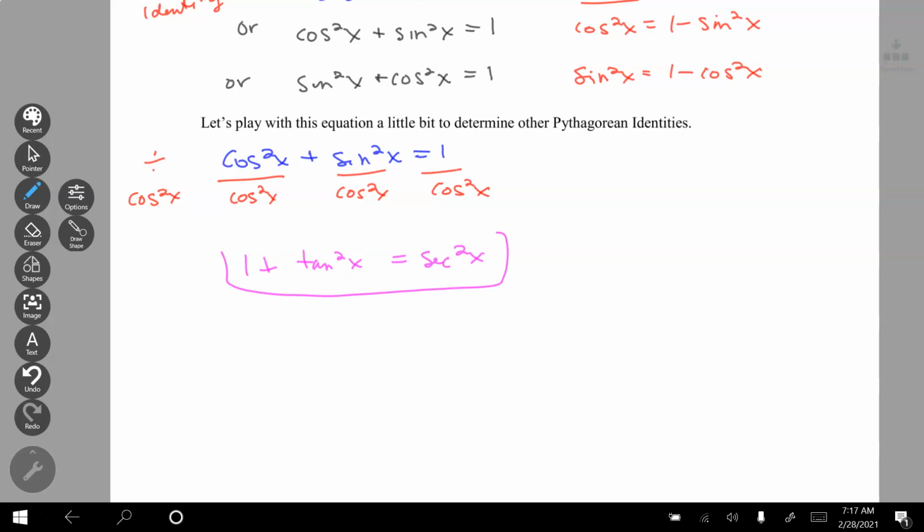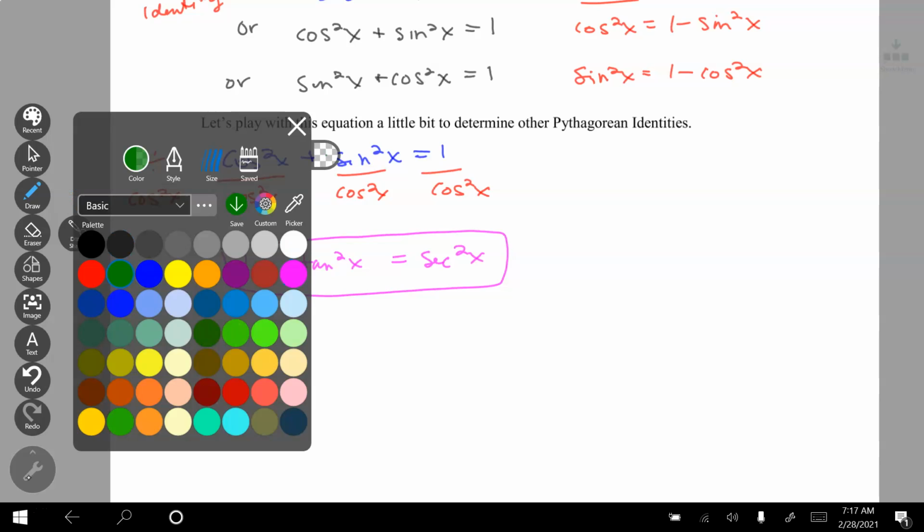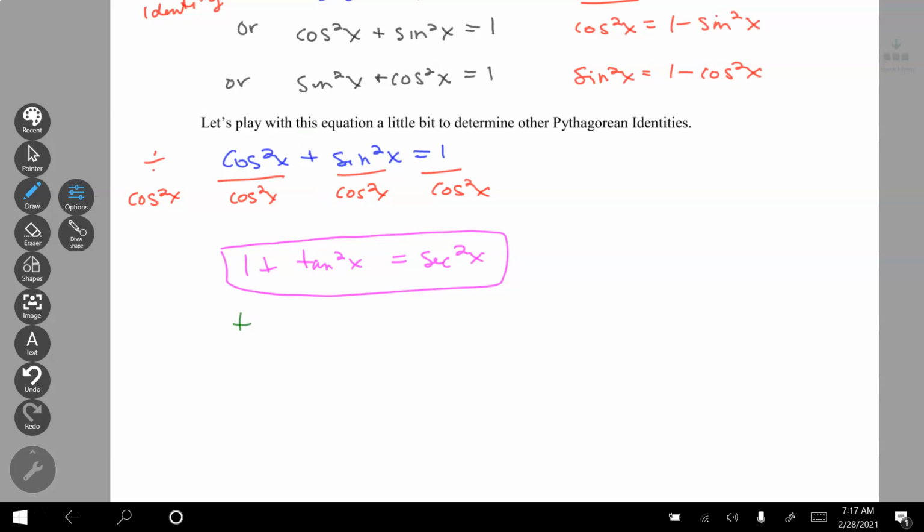And look at that, I picked up another identity. 1 plus tangent squared of x is equal to secant squared of x. I could rewrite them a little bit and say that tangent squared of x is equal to secant squared of x minus 1, or 1 is equal to secant squared of x minus tangent squared of x. They are all the same.